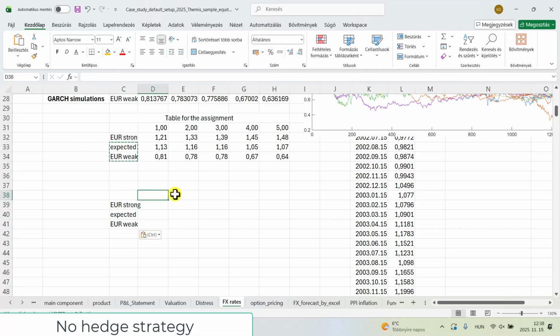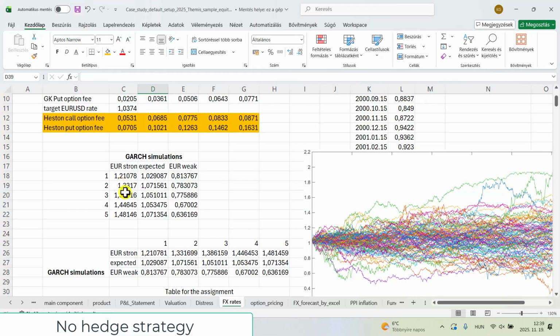And then we have to see what happens with value, and also what happens with the probability of default. But that one is a trajectory, so we have to move this one up. 1, 2, 3, 4, 5th year. Nothing more, nothing less.